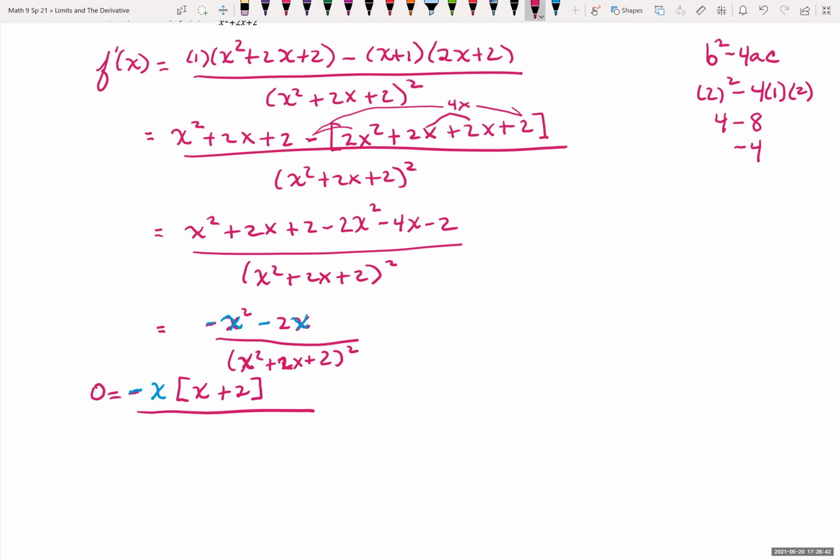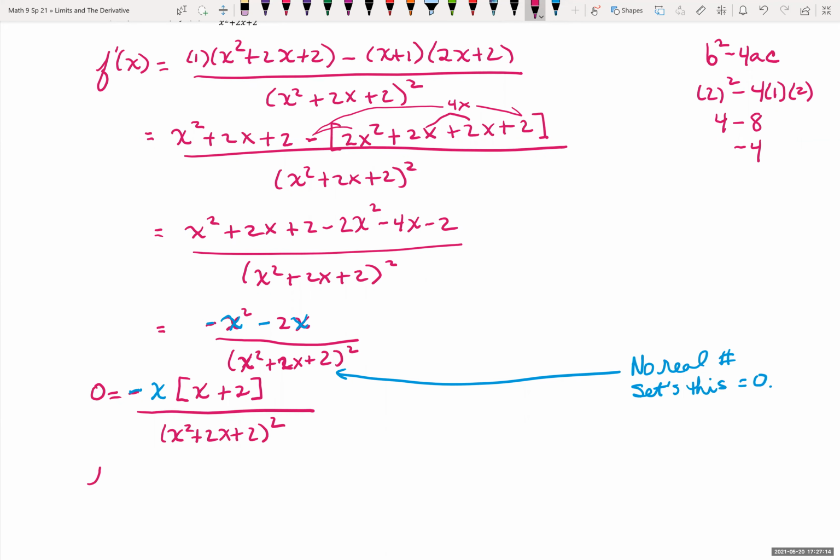So there's no real solutions. So there's no real number that sets that equal to 0. So it's defined everywhere. So I don't have to worry about what values of x make this undefined.